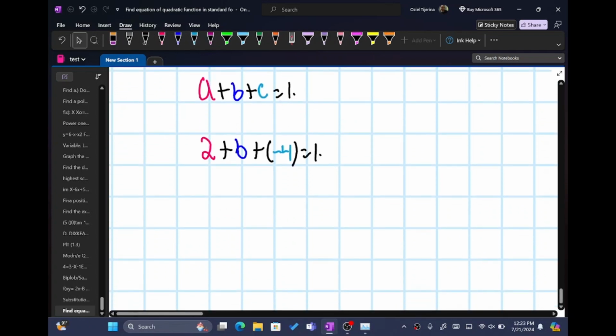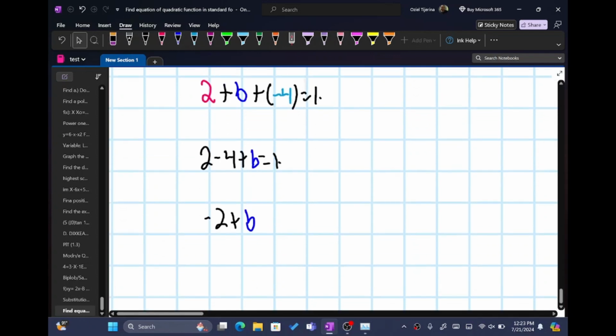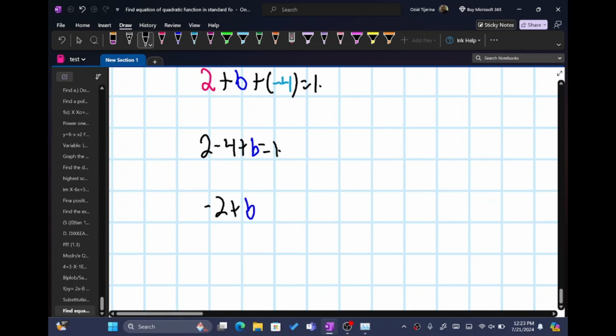So 2 minus 4 plus b is equal to 1. Combining like terms, negative 2 plus b is equal to 1. I keep color coding the b value, guys. I'm color coding a, b, and c just so y'all can see very clearly. And then plus 2 on both sides, we get b is equal to 3.